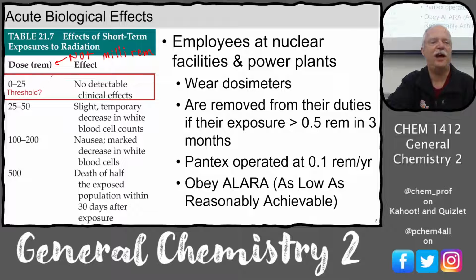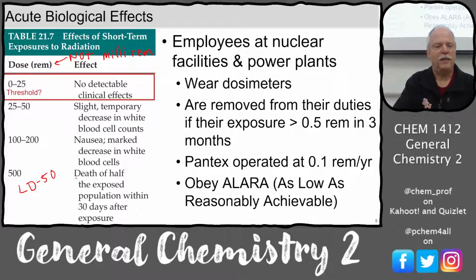Once you get above 25 rem, you start to see the body reacting to the radiation dose. You start to see a decrease in white blood cell counts. You get up above 100 to 200, you see nausea and a large, marked means a large decrease in white blood cell count. You get up to 500 rem, that's the LD50. So LD50.